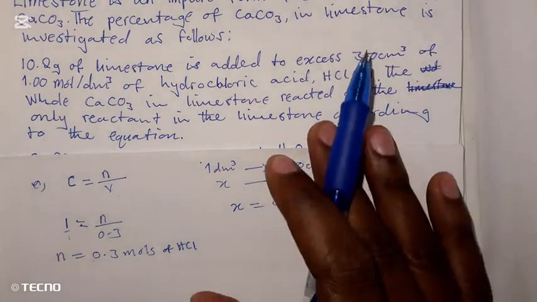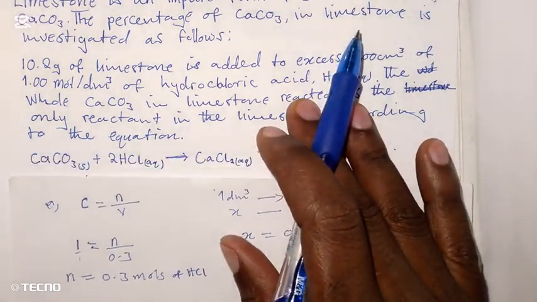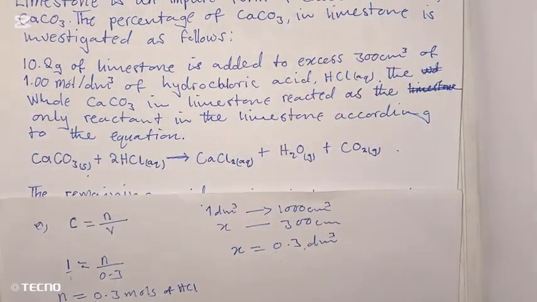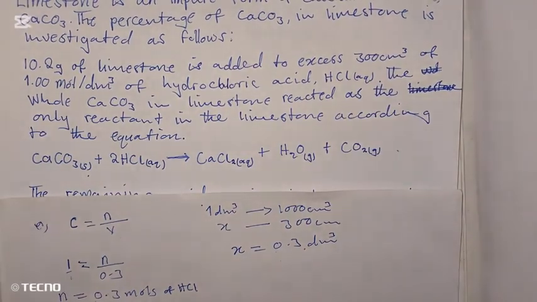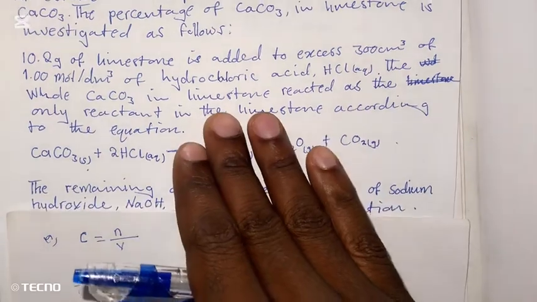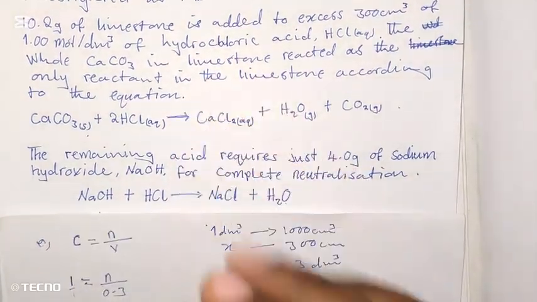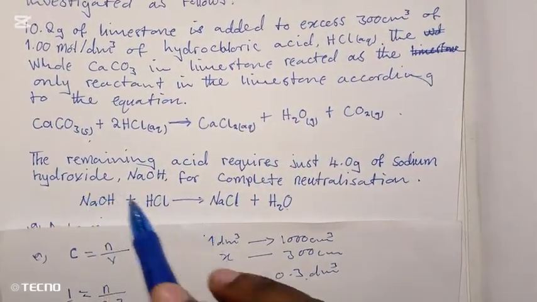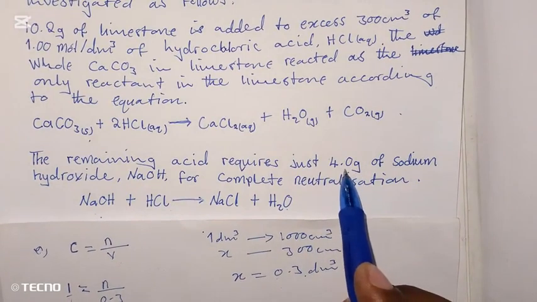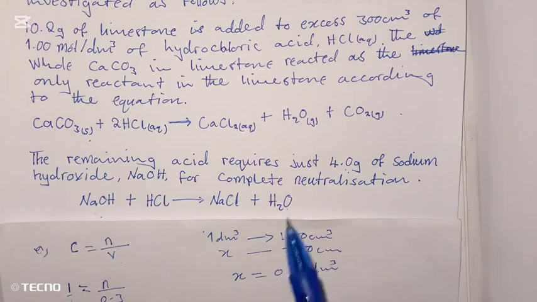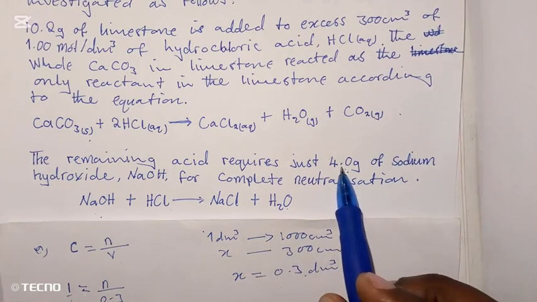So what we do, we are also going to find the moles of this hydrochloric acid that reacted with sodium hydroxide. So finding that, we have been given the mass of sodium hydroxide. This is the mass of sodium hydroxide.